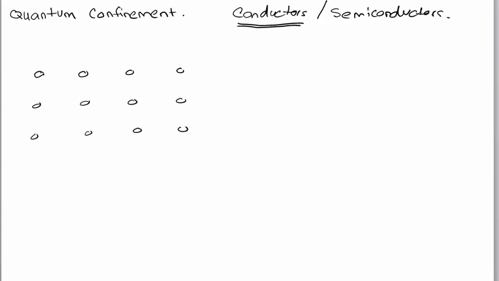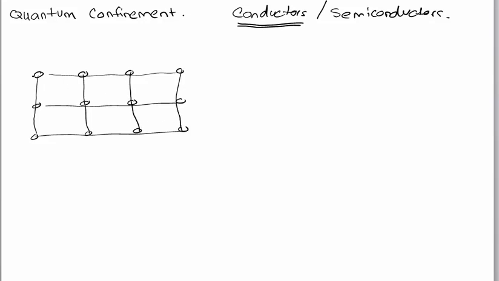If we begin to make our solids smaller and smaller to where at least one dimension of, and so this is my picture of a solid crystal lattice, and it goes on, it's three-dimensional like so.